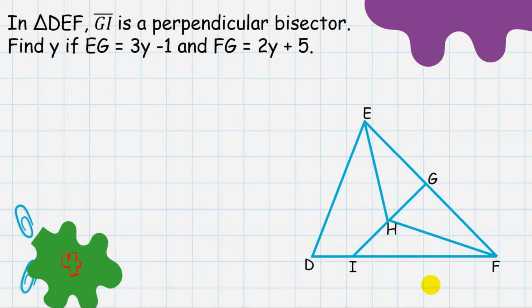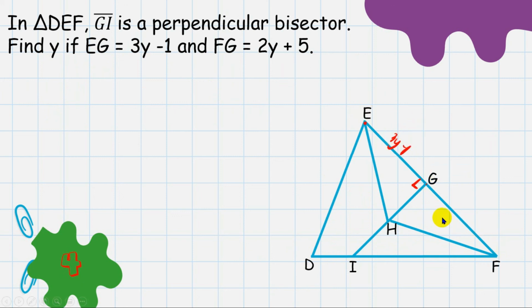Number 4. So, for number 4, in triangle DEF, line segment GI is a perpendicular bisector. So, ito yon. Line segment GI, perpendicular bisector daw siya. Find y if EG is 3y minus 1. So, yung E to G ay 3y minus 1 daw po.